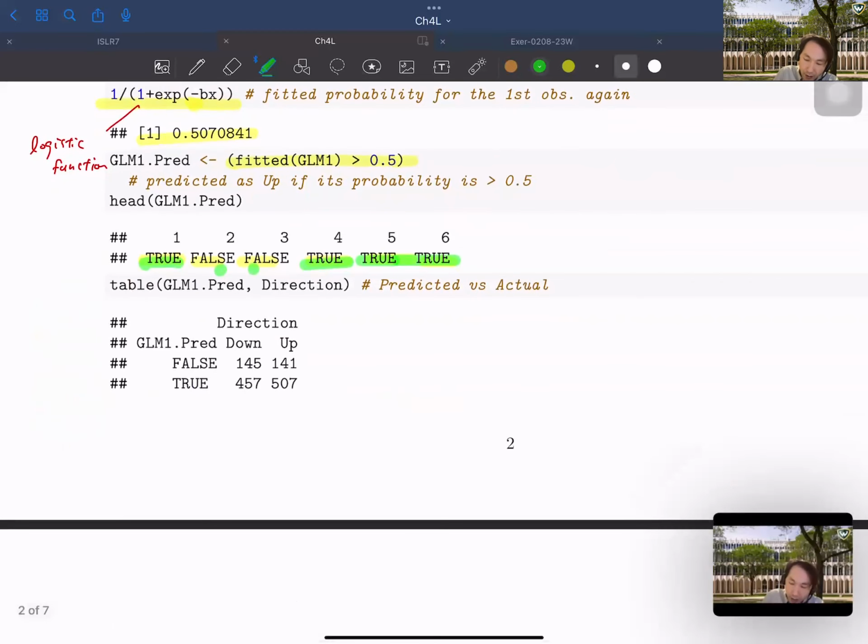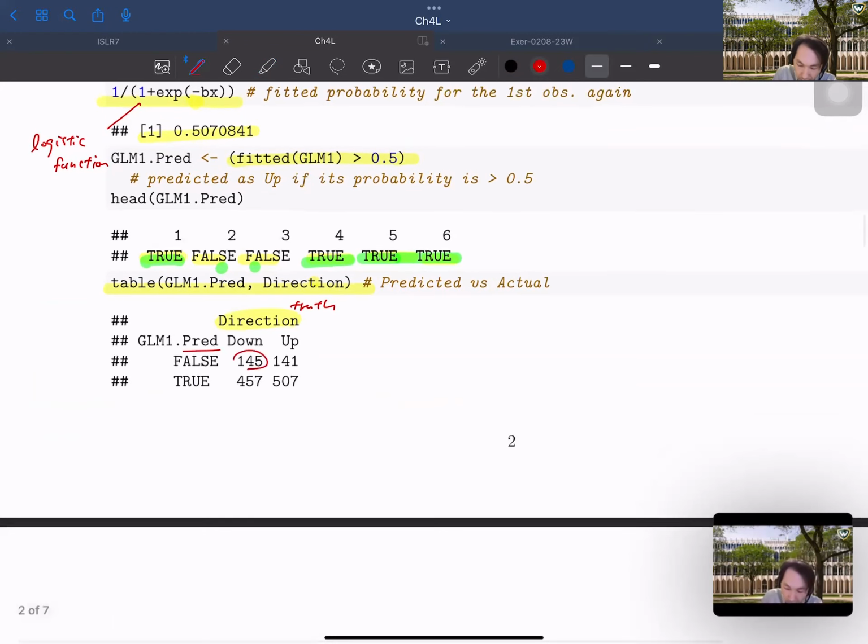You can generate a contingency table of this. So direction, this is the truth, and this is the predicted value. And these are correct decisions, and these are incorrect decisions.